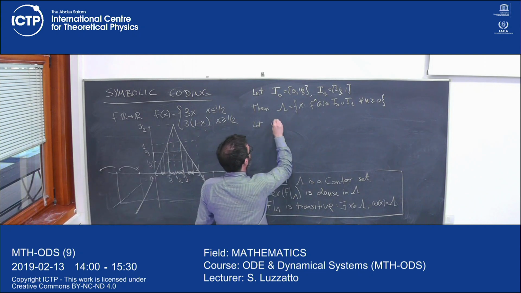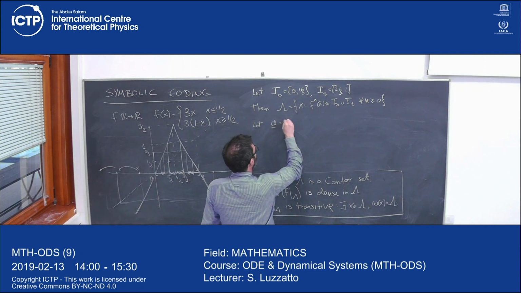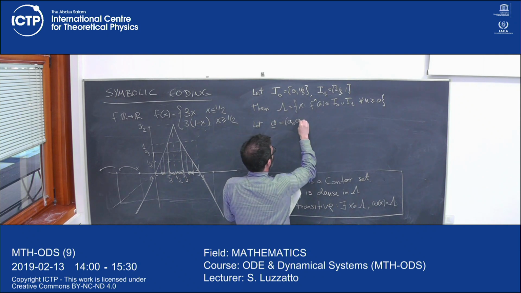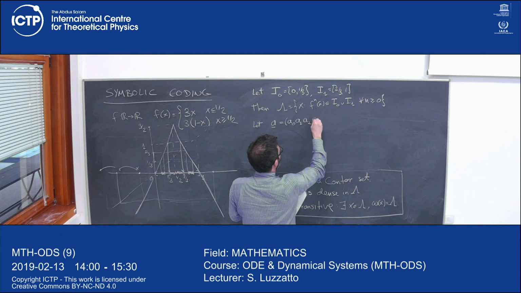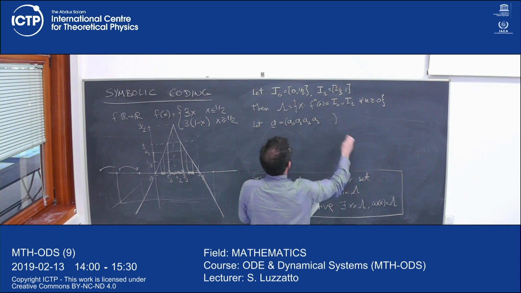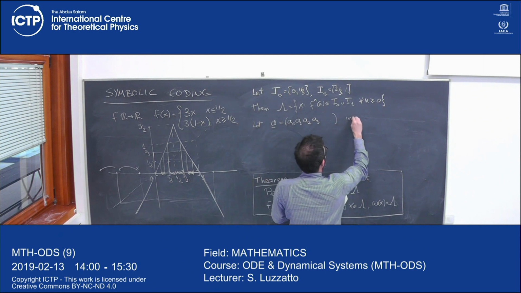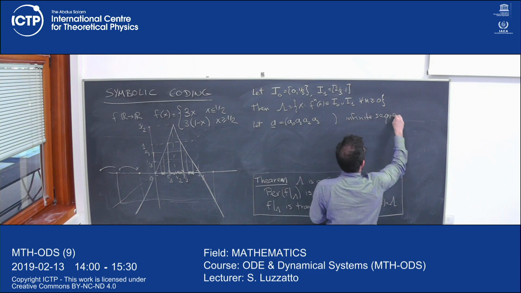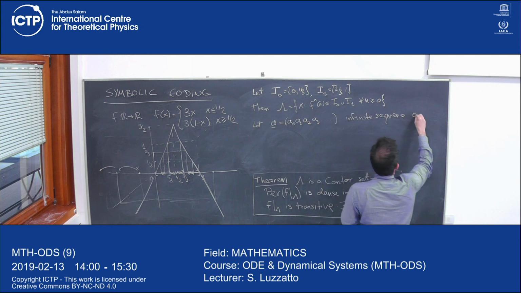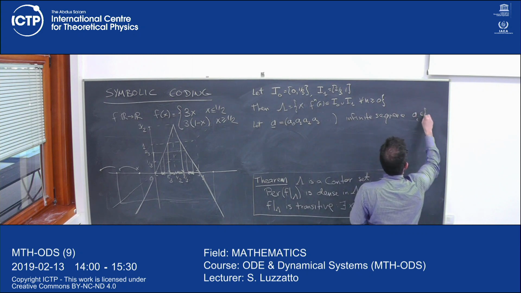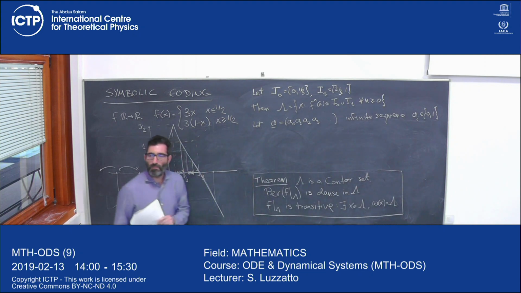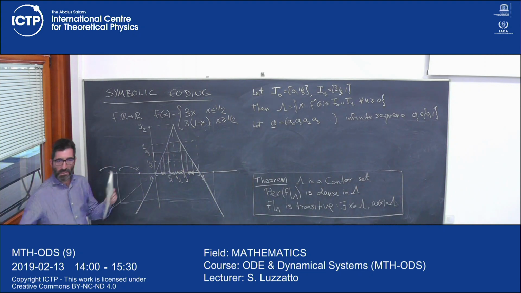Let a-bar equal a0, a1, a2, a3, and so on, be an infinite sequence with each ai either 0 or 1. Just any infinite sequence of zeros or ones.